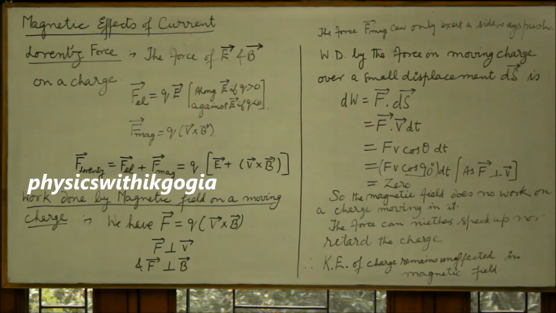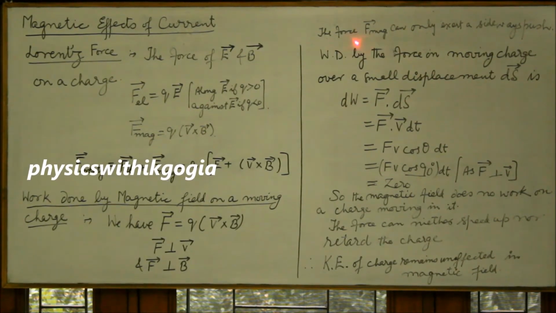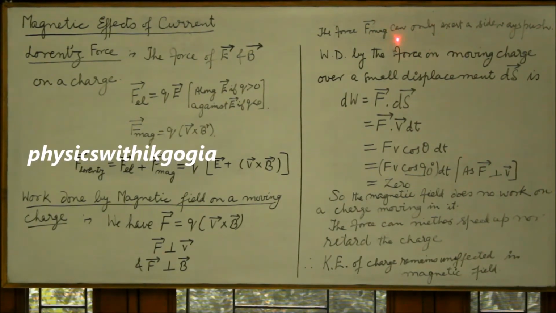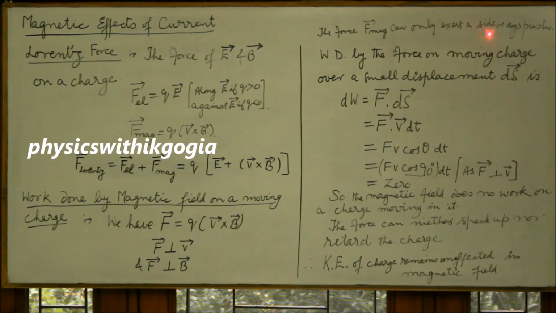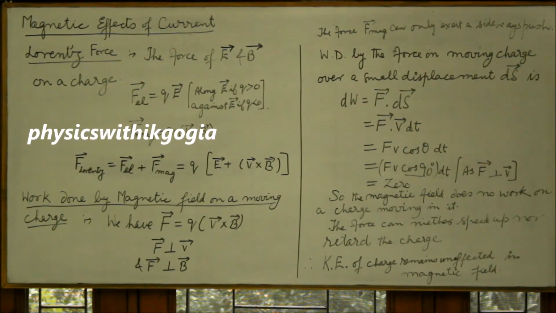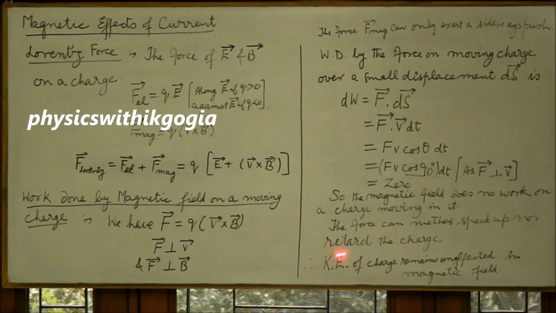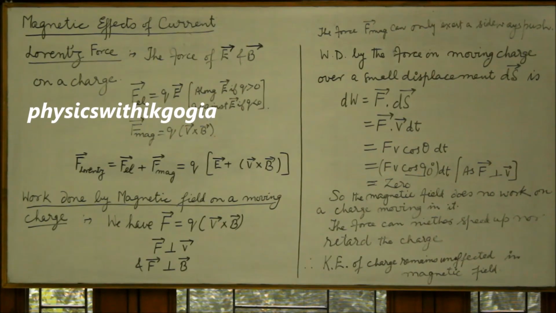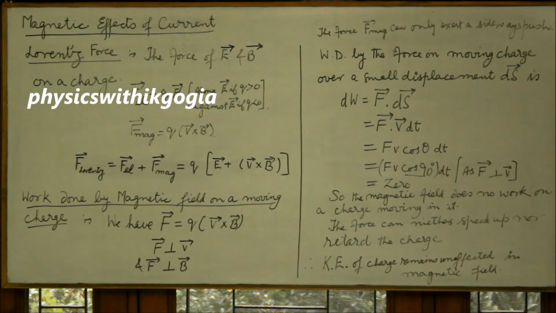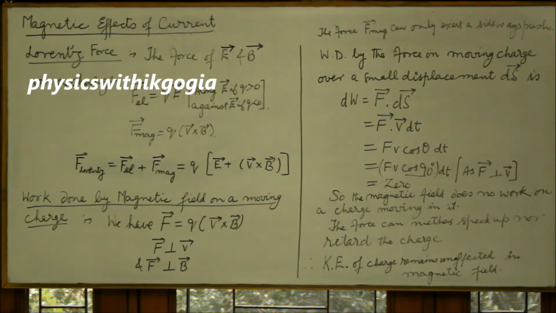The force applied by a magnetic field can only push a particle sideways. It can only deflect it from its path. It cannot speed up or retard the particle. So for a particle moving in a magnetic field, the speed always remains the same, and the velocity changes due to a change in direction.